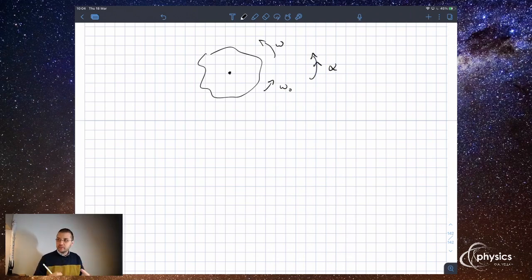What do I need to do to the object in order to provoke an angular acceleration? In linear motion, in order to provoke an acceleration, what would we need to exert on the object? What did we need to exert on the object in order to obtain a linear acceleration?